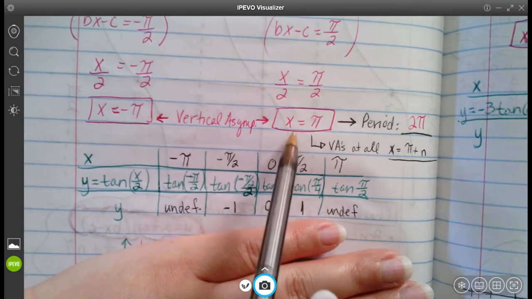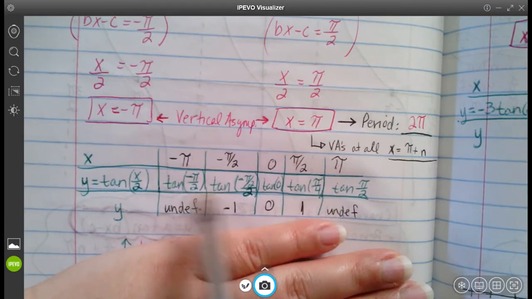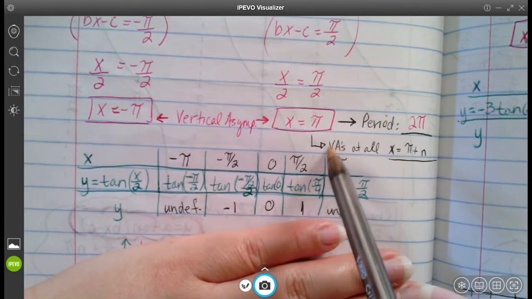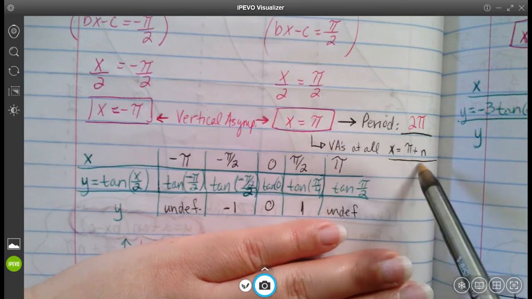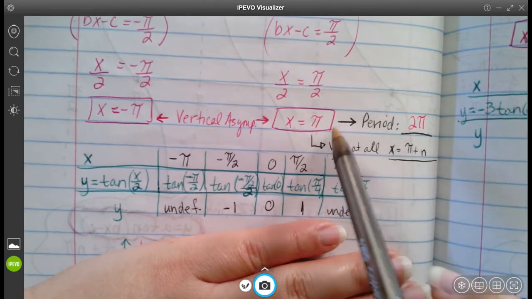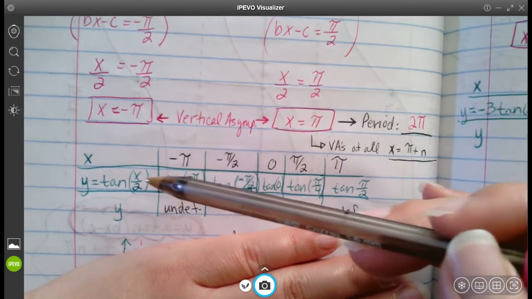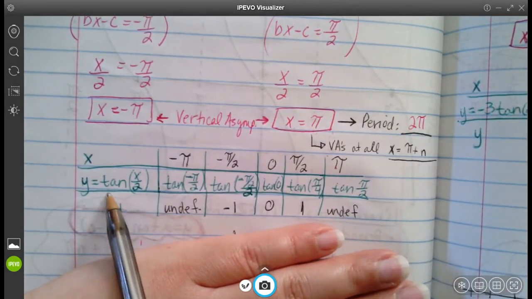Pi is the last point. And just while we're here, there will be a VA at every pi plus n. So at every integer after this, we're going to have another asymptote.